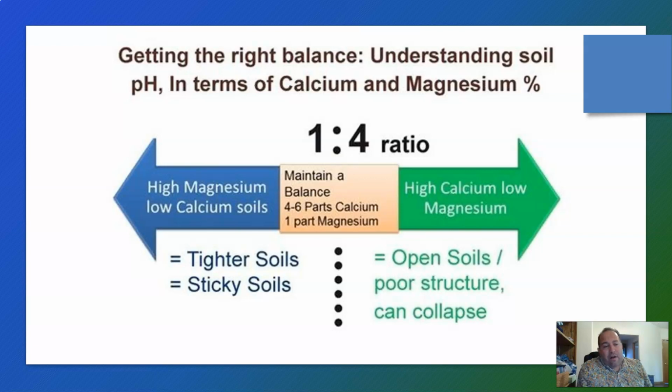If you've got a more basic soil, like we do out here, you're going to have high calcium, low magnesium, where you're going to have open soils, much more poor structure, and they can collapse. If you're in that good zone that we talked about, that 6.5 to 7.5, that's where you want to be, because you can maintain a good balance where you've got 4 to 6 parts calcium and 1 part magnesium, or a 1 to 4, 1 to 6 ratio, somewhere in there.